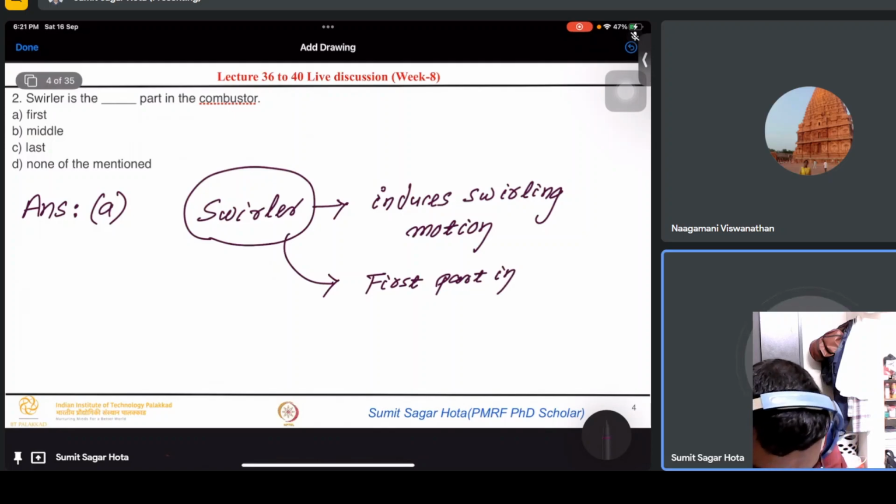Fuel is given there for flow stabilization and flame stabilization purposes in the combustor.